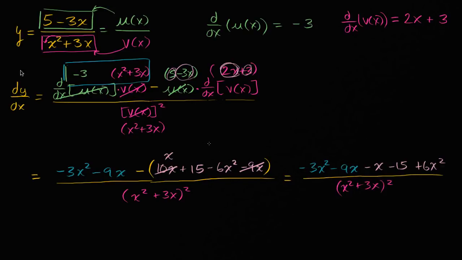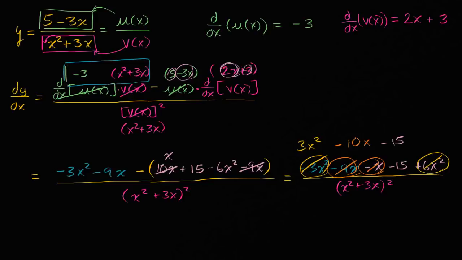And this numerator I can simplify a little bit. Negative 3x squared plus 6x squared is going to be positive 3x squared. And then we have negative 9x minus an x, which is going to be minus 10x, and then we have minus 15.